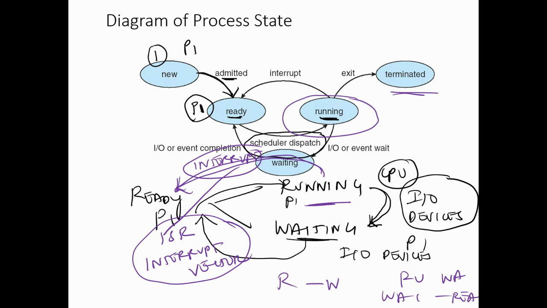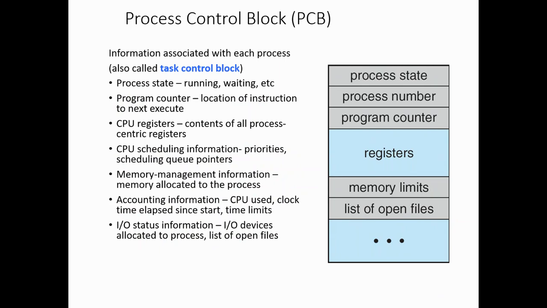Okay, let's talk about the PCB, the process control block. So far we learned what a process is, and we also talked about the states of the process. Now let's see the process control block, abbreviated as PCB. For each and every process we have allocated some things, right?